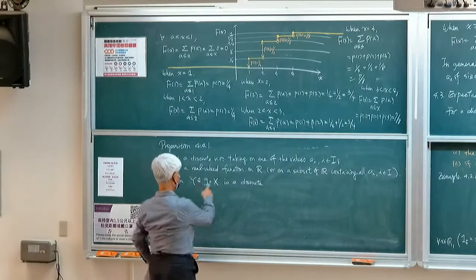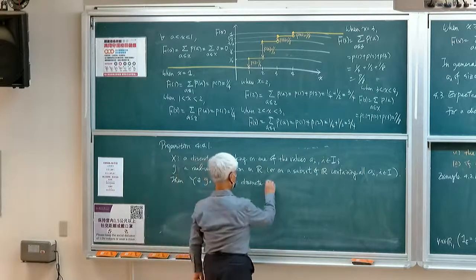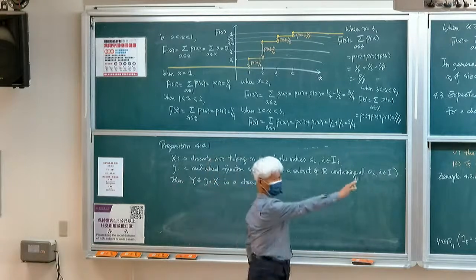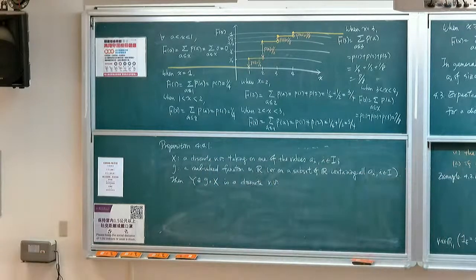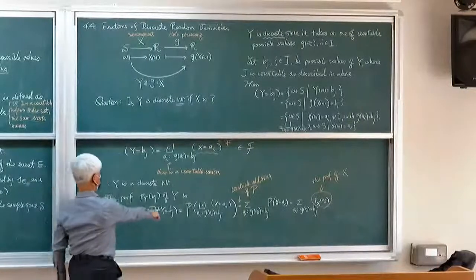Now, this composition is a discrete random variable. We have shown that here.